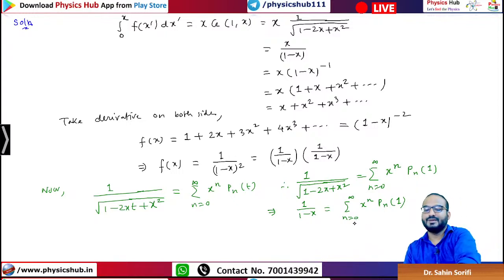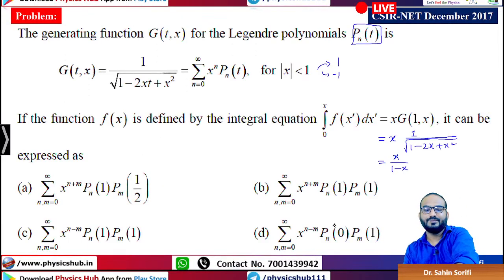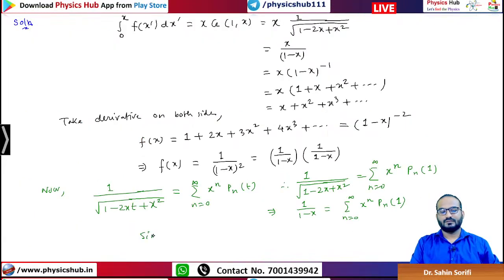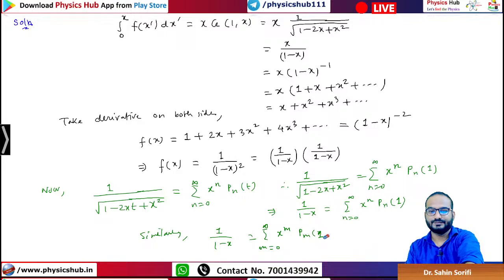Now Pn of 1 and Pm of 1 is the same thing. One by 1 minus x, just the symbol change, sum m equals 0 to infinity x to the power m Pm of 1. Can you write it or not?